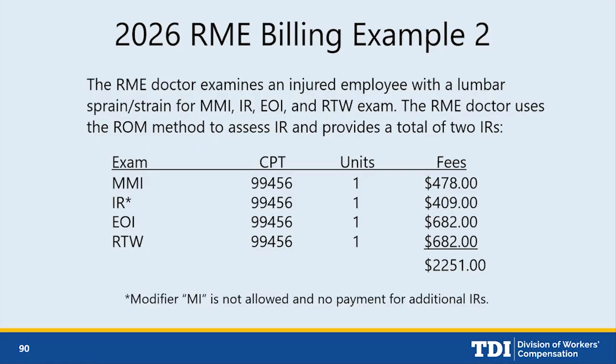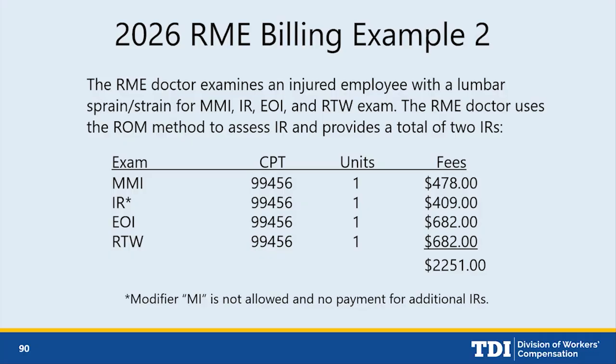Example 2, this injured employee has, again, lumbar sprain strain. The RME doctor is doing MMI and impairment rating, extent of injury, and return to work exam. Range of motion method was used to assess impairment rating. They're going to provide a total of 2 calculations in the impairment rating because the carrier wants to know.